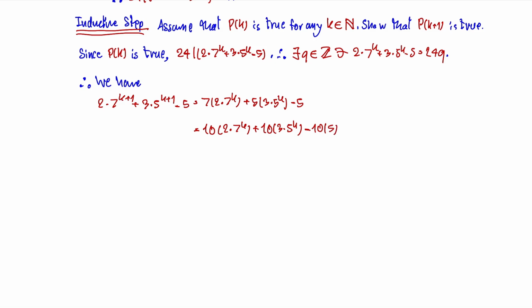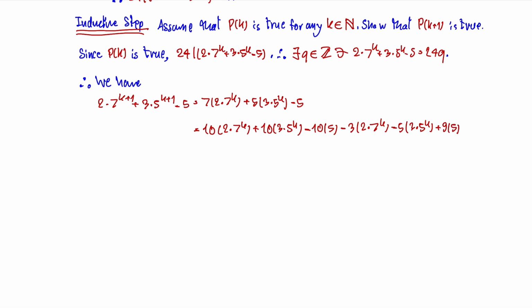We cannot just write this down, so we have to write this term in terms of 10. So we're going to have minus 3 times 2 times 7 to the k. For this term, we're going to have minus 5 times 3 times 5 to the k. Okay, and then how do we have minus 5 if we have minus 10 times 5? So we're going to have plus 9 times 5.